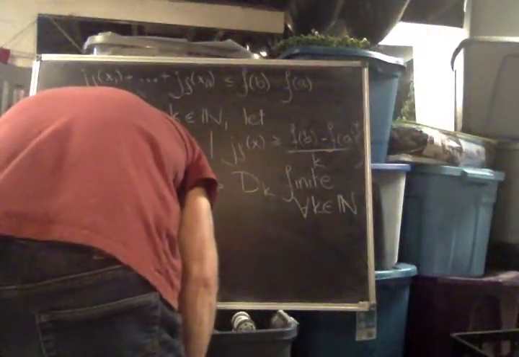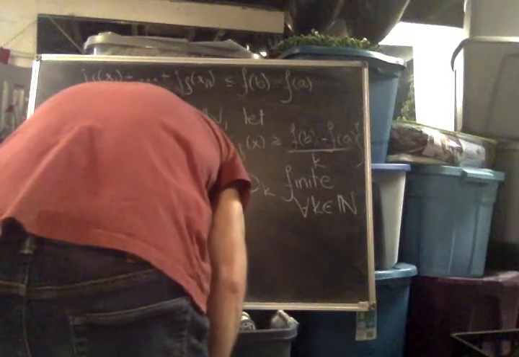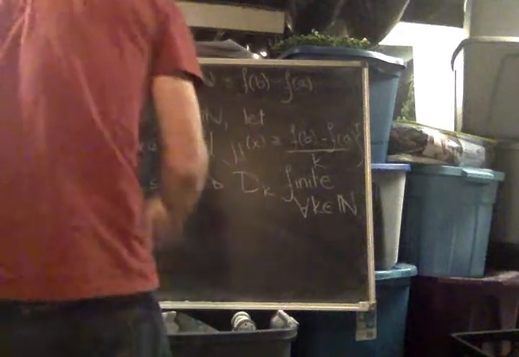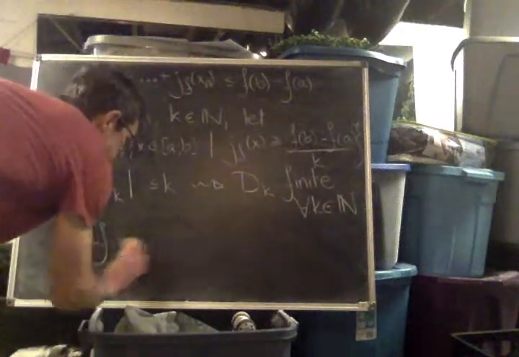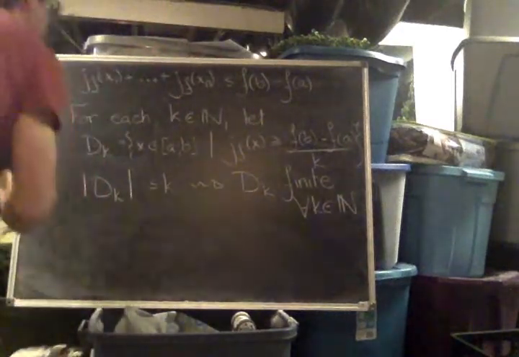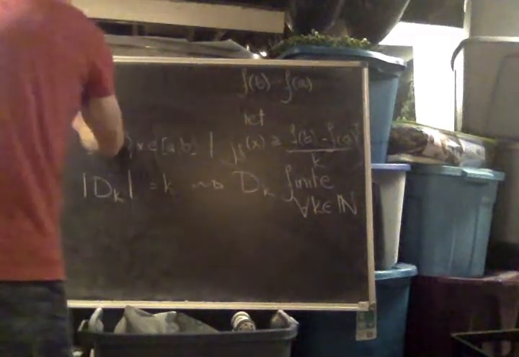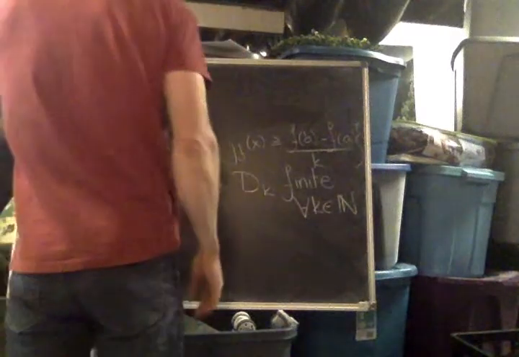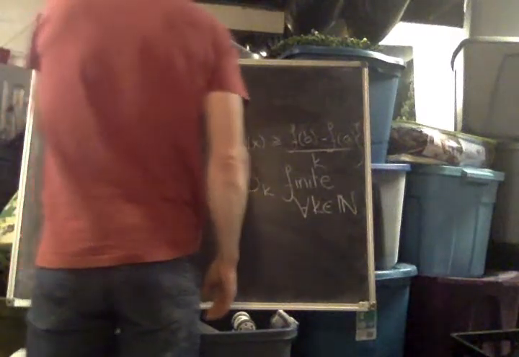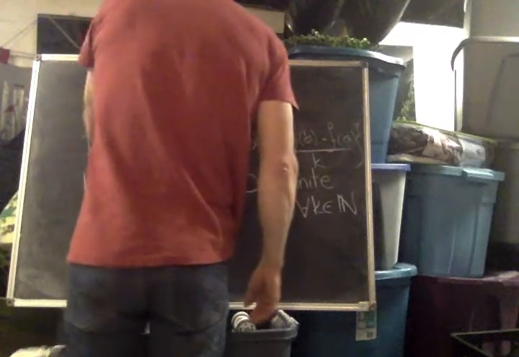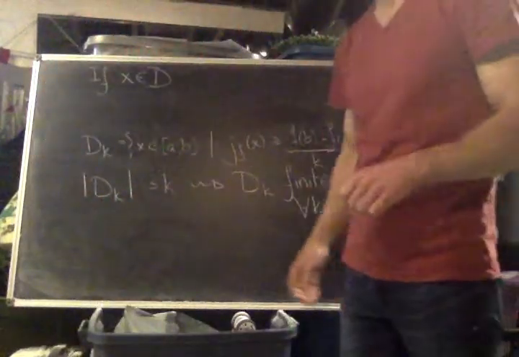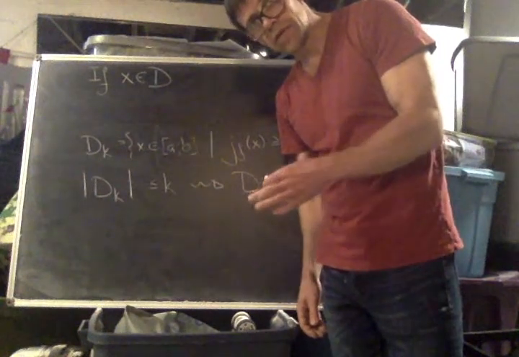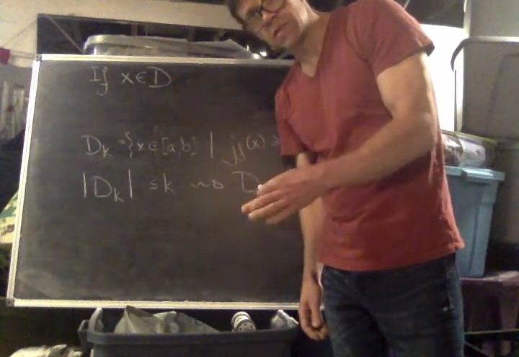Let me say it, I'm going to put it up here. So if x belongs to D, remember, D is the set of points where this function f fails to be continuous.